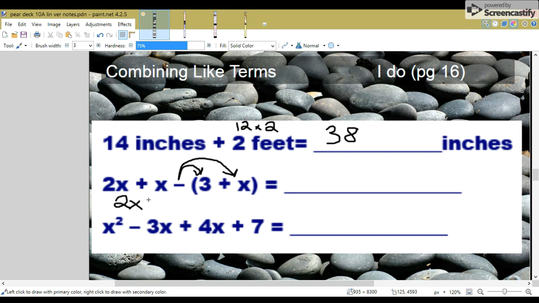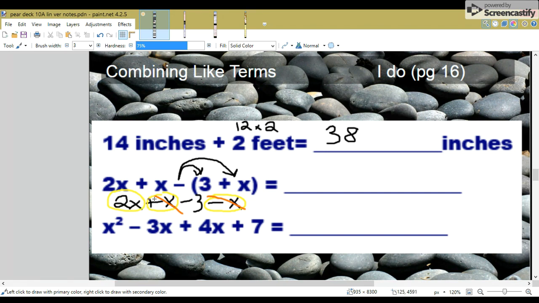We can rewrite that as 2x plus x minus 3 minus x. You want to combine the like terms, so let's circle all the terms with an x. Not x squared, just x. So the plus x and the minus x cancel out. They turn into 0 in this case.